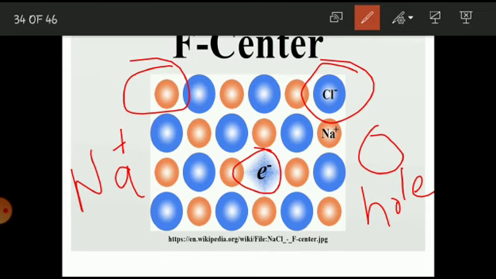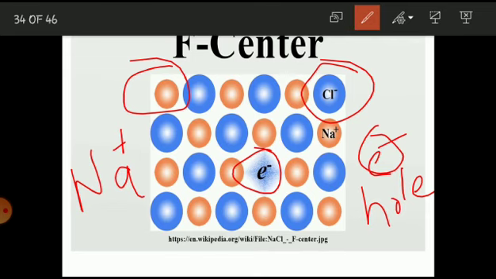Another important thing is, when this anionic vacancy is occupied by an unpaired electron, it is called an F center, also called a Farben center. That is a German word which stands for color center. You might know that many crystals are colored in nature. This color property is due to the F center.